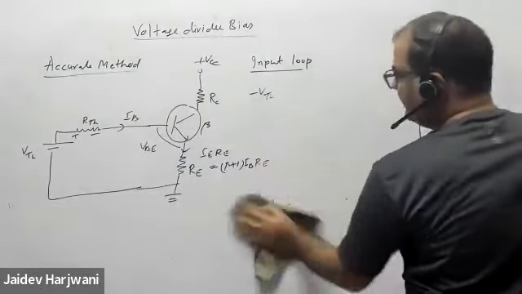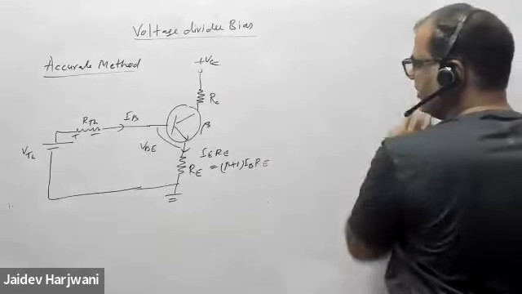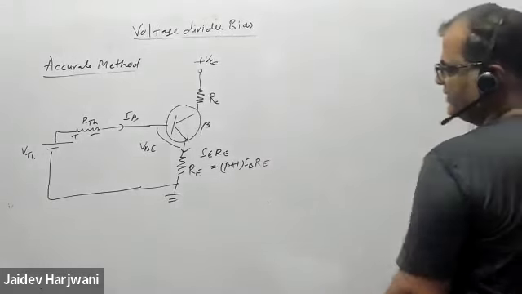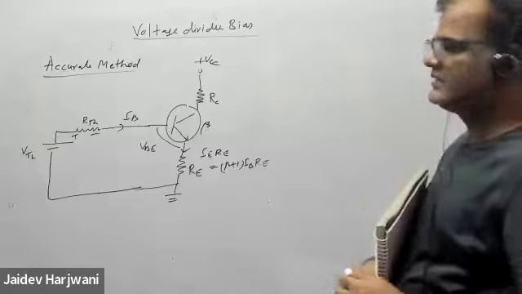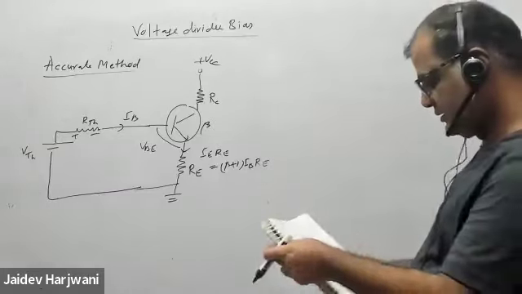So biasing is completed now. Okay, we'll do 1 or 2 problems and then we'll go to the next topic. So biasing is very simple. DC biasing is simple because you have to do DC biasing before you do AC analysis.